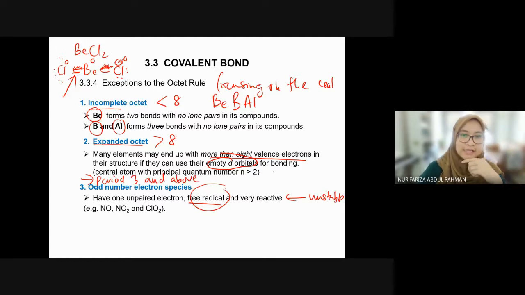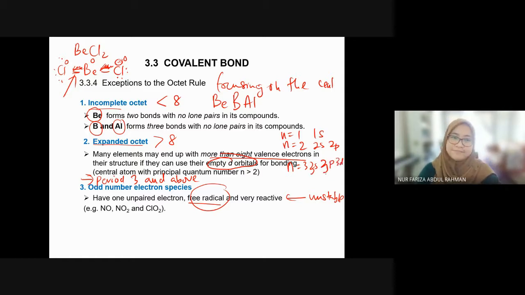Why? Remember, we have learned this in topic 2. n equals 1, we only have 1s. n equals 2, we only have 2s and 2p. n equals 3, we have 3s, 3p, and 3d.